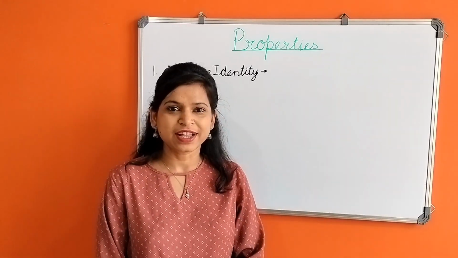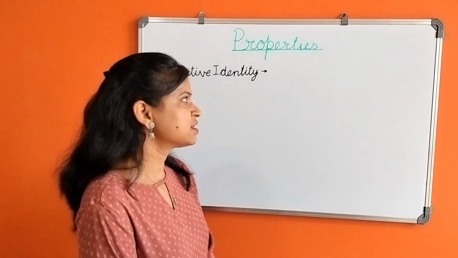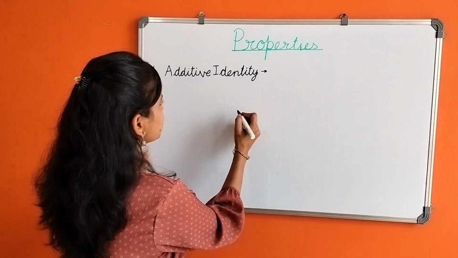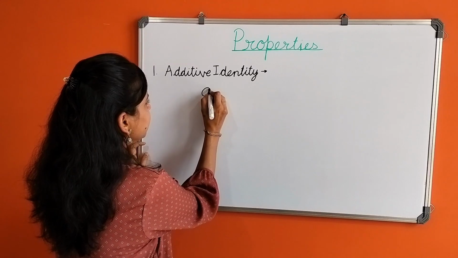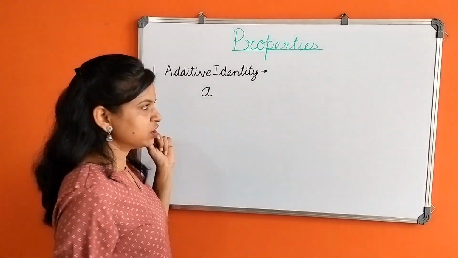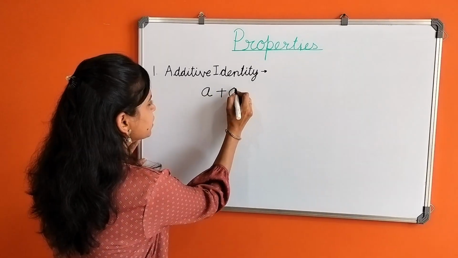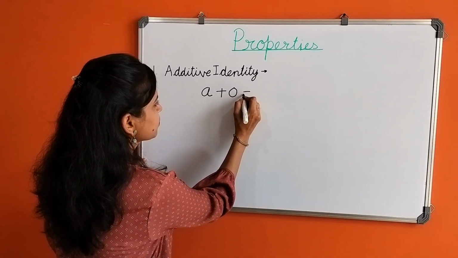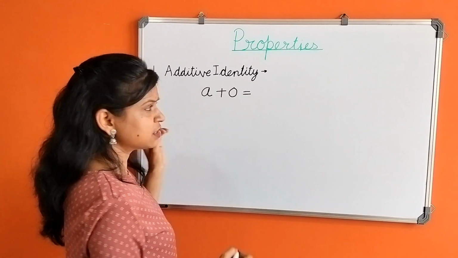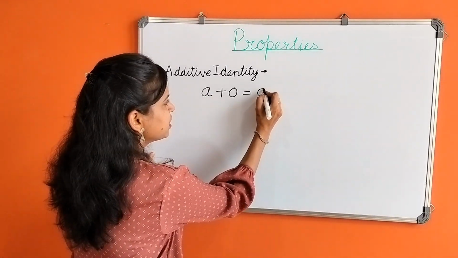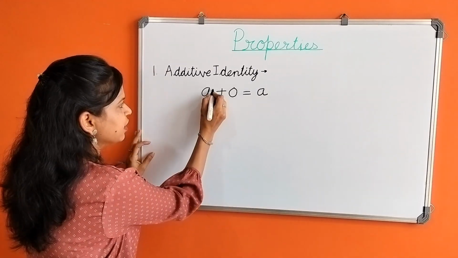Okay. Now there are some simple properties. First is additive identity. Suppose a is any integer and we are adding 0 with it. What will be the answer? If we are adding 0 with any integer, the answer will be the same integer a.